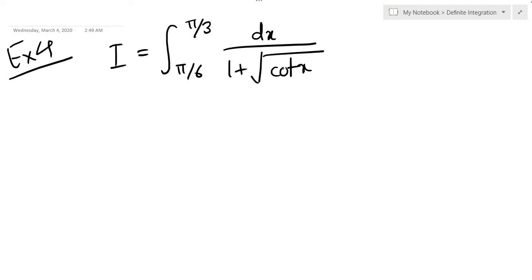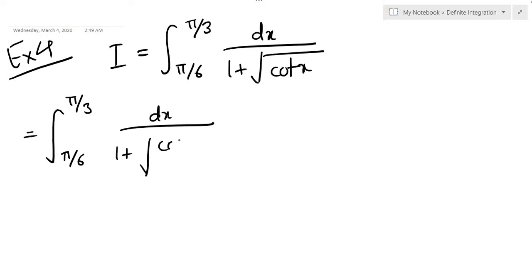Now looking at a function like this, I want to convert everything into sines and cosines. So integral from pi by 6 to pi by 3 of dx over 1 plus what is a cotangent? It's basically the ratio of the cosine to the sine.